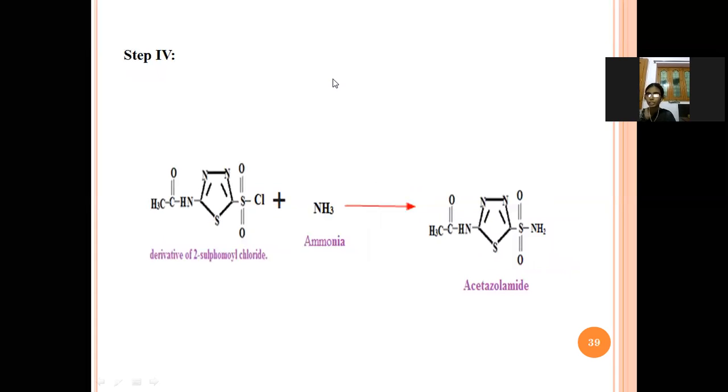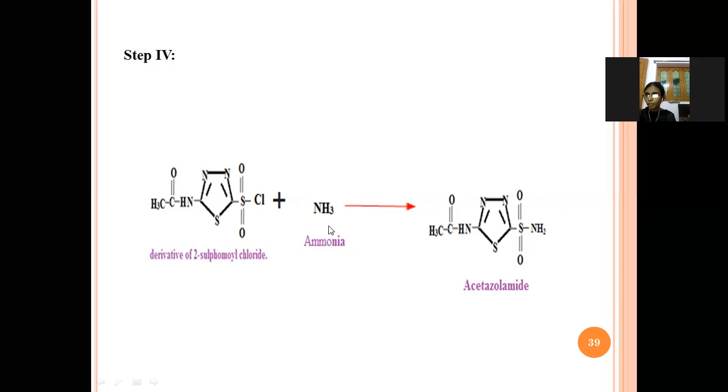So next, in step 4, the end product of step 3 is the starting material for step 4. See here, the derivative of the 2-sulfonyl chloride is treated with ammonia. So what will happen from the ammonia?